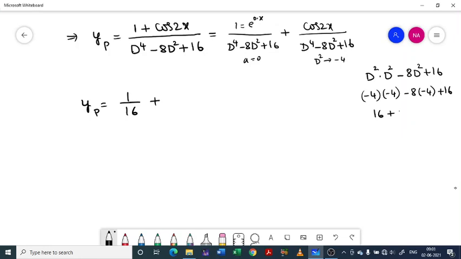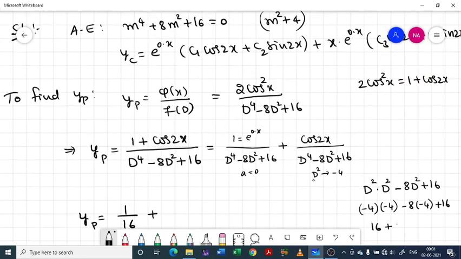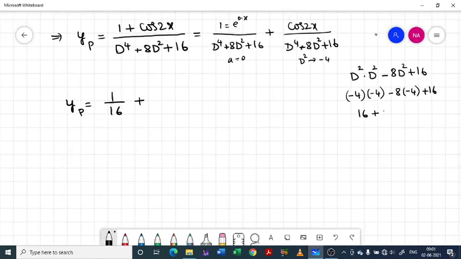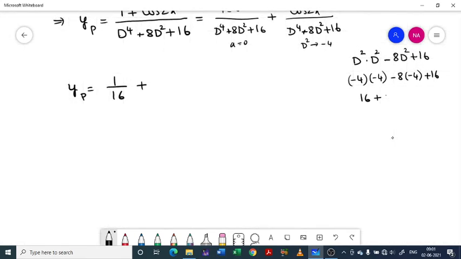There's some mistake here. Okay, yes, it is not minus 8. Because I should get denominator 0. Yes, now it is corrected. 16 minus 32 plus 16.